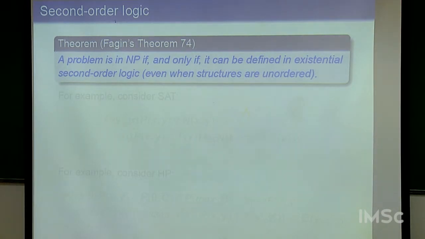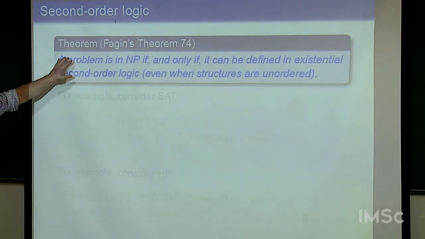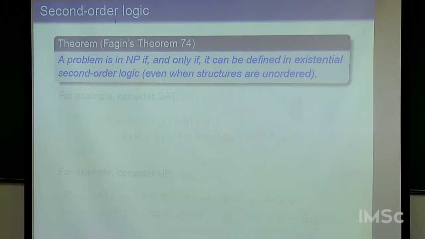So you can just forget about the successor relations and 0 and max. Existential second-order logic is the logic where you're allowed to introduce new relation symbols and you existentially quantify over those relation symbols before having the matrix of the sentence described by a first-order formula.